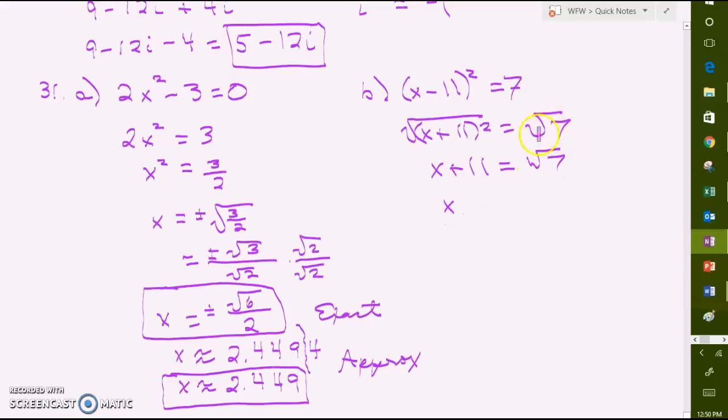So x equals negative 11 plus or minus, I've got my plus or minus here, square root of 7. So that's the exact answer.